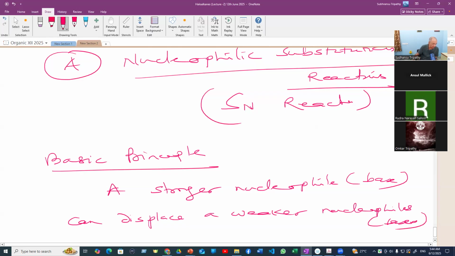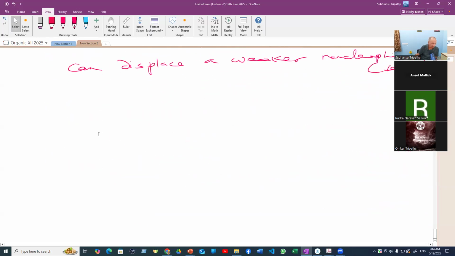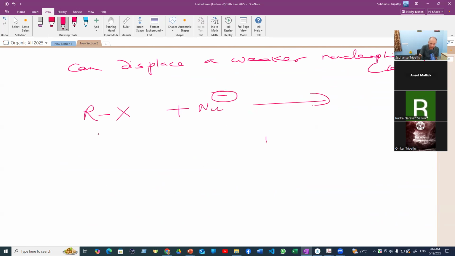So that is the principle. This should be stronger, this should be weaker.